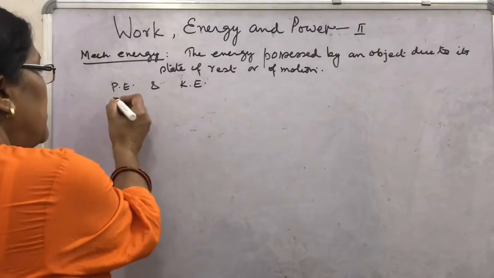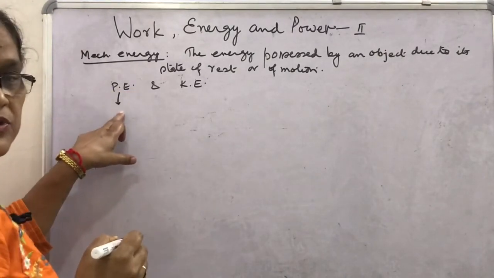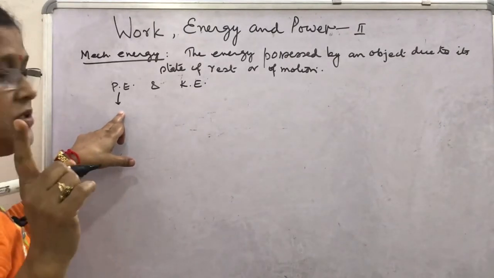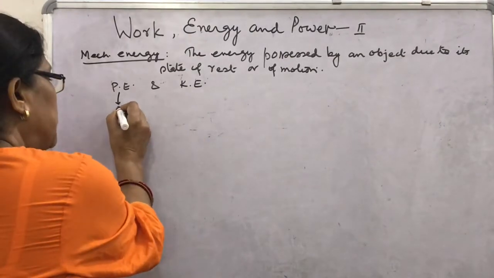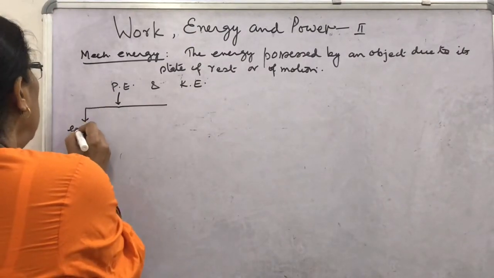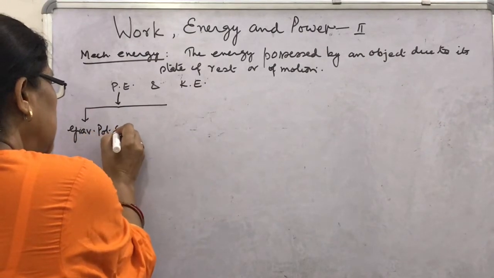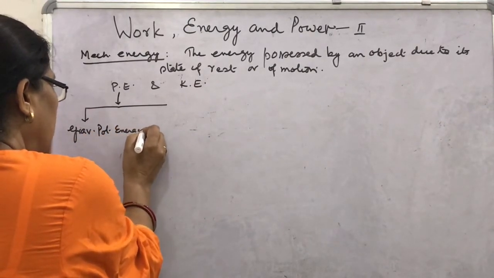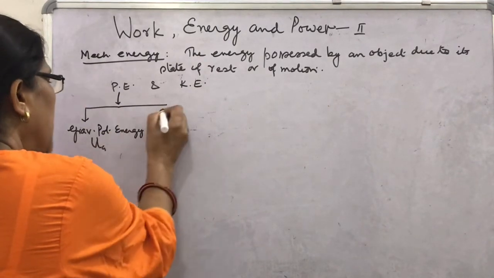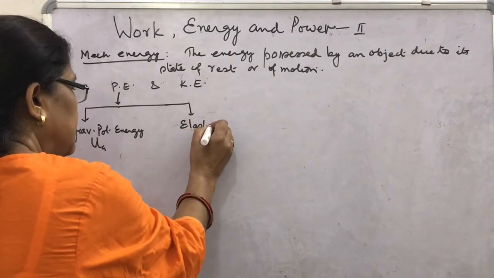I am not going to write it here, you can define it yourself: the energy possessed due to change in position or change in shape or size. Now, this potential energy is categorized further into two parts, gravitational potential energy, which I will write with the symbol UG, and elastic potential energy.